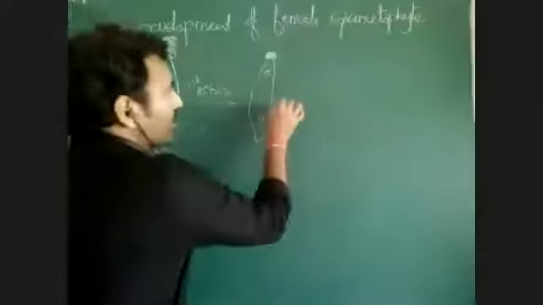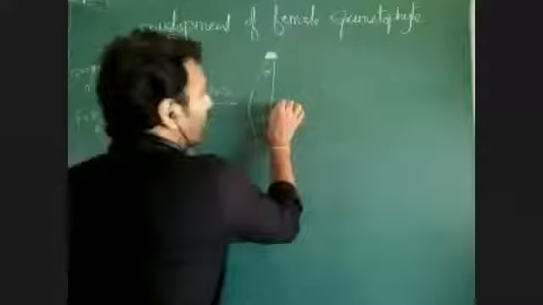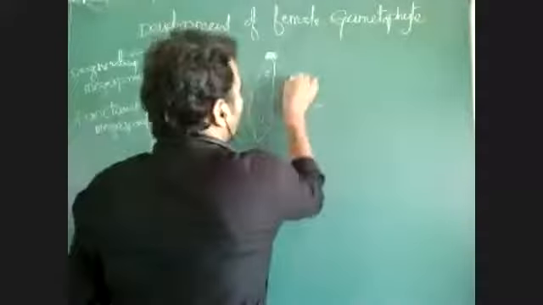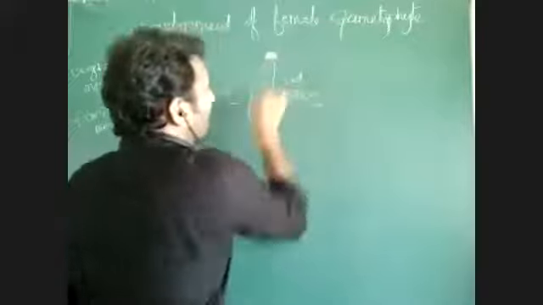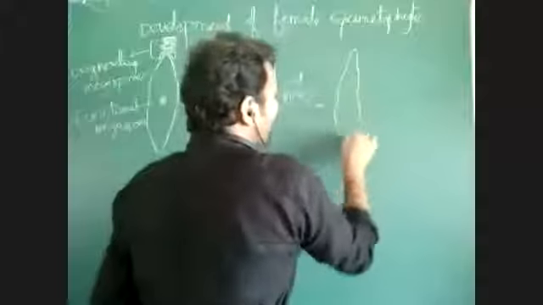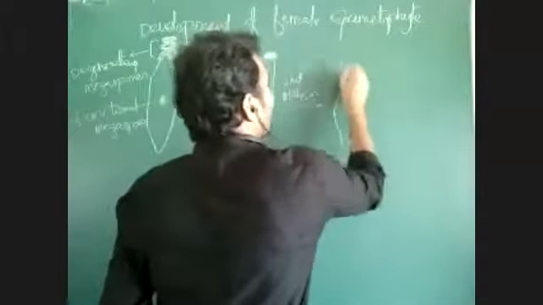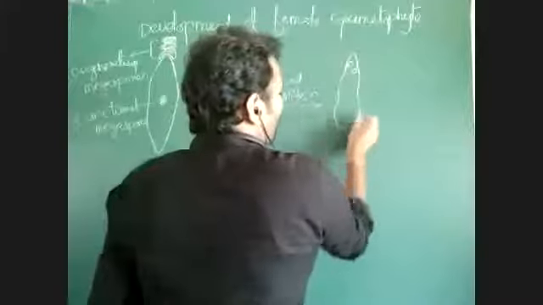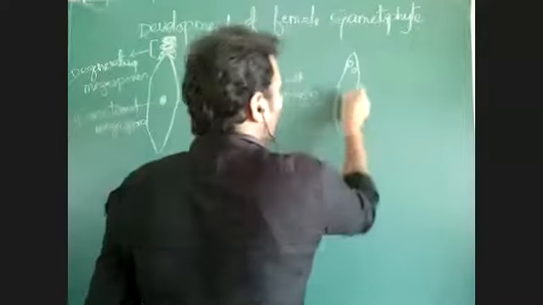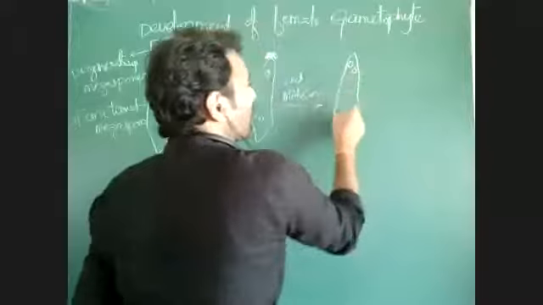Then sequential mitotic cycles. In the second mitotic cycle, the 2 nuclei which are present in this megaspore are dividing into 4 nuclei. 4 nuclei are formed from the 2 nuclei which are present in the functional megaspore.